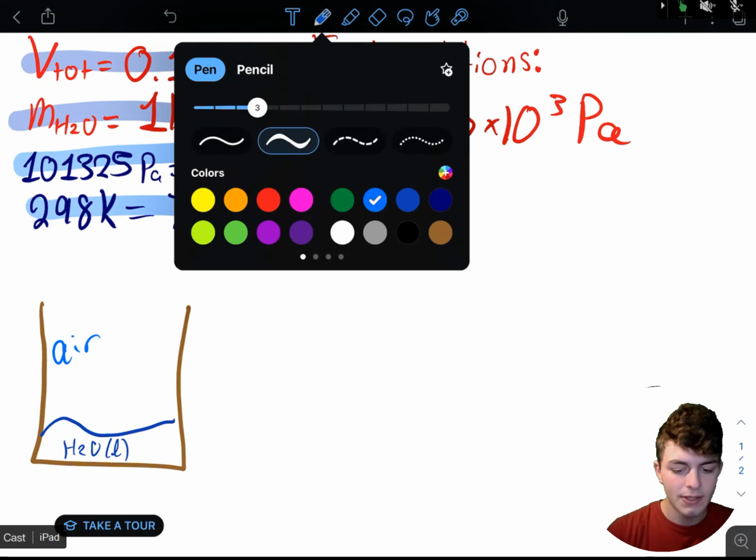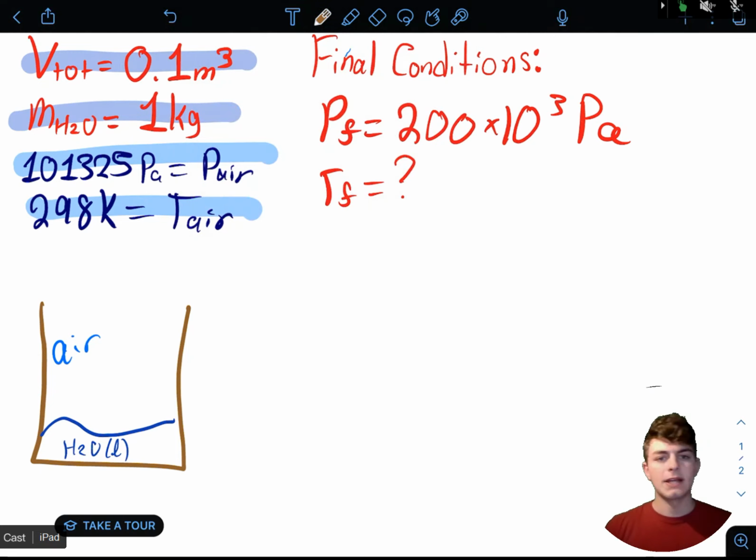And that air already has the initial temperature and pressure conditions as given in the problem scenario. So at some point this container is going to be closed. And now we have an isolated system. What this means is we can control the system based on how we control its surroundings.